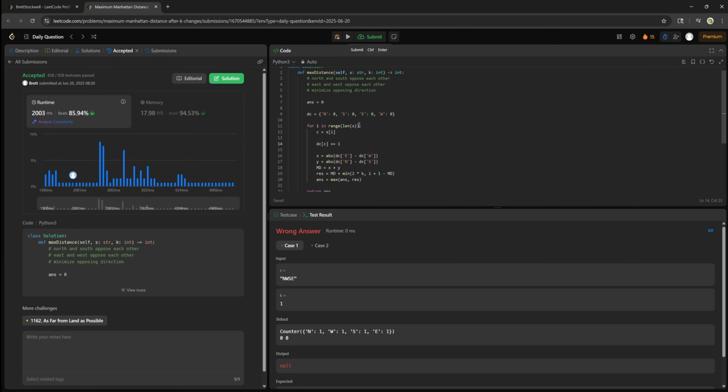So we have a count array or a count dictionary. We probably don't need C. S of I. I don't know. This is more readable to me at least.